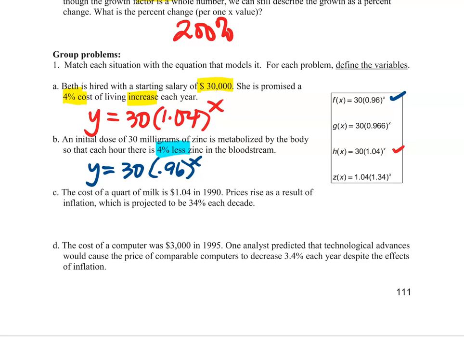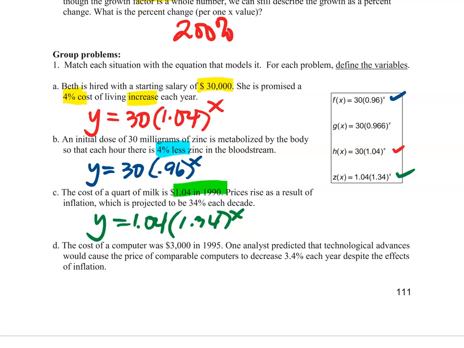Letter C, the cost of a quart of milk is $1.04 in 1990. So that was the initial value. So y is equal to 1.04. The prices rise as a result of inflation, which is projected to be 34% each decade. So that is an increase of 1.34 raised to x. And letter D, the cost of a computer was $3,000 in 1995.